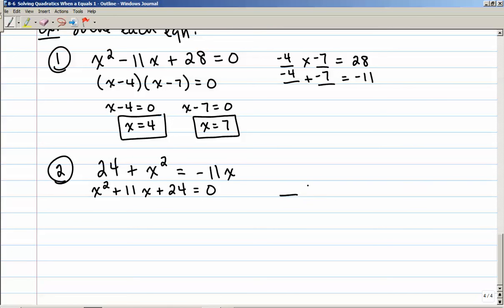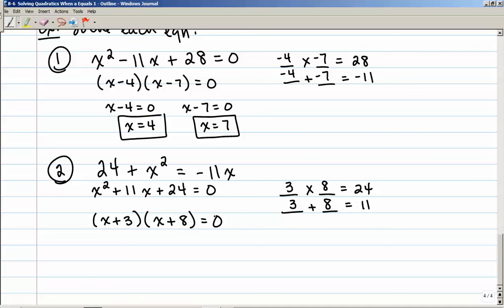So to factor this, I'm going to be looking for two numbers that multiply to 24. Same two numbers have to add up to 11. And the numbers that pop into my mind right away are 3 and 8. And it doesn't matter if you put the 3 first or the 8 first. The order doesn't matter. So this factored is going to give me an x plus 3 times an x plus 8.